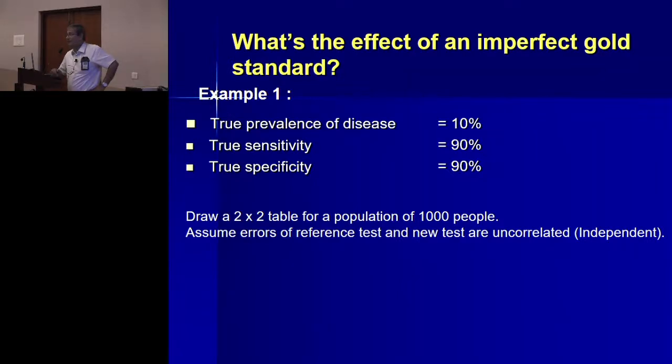So what do you expect if you're absolutely correct that the gold standard is true, then this is what you should get. So suppose you do a new test, can you draw a 2x2 table?